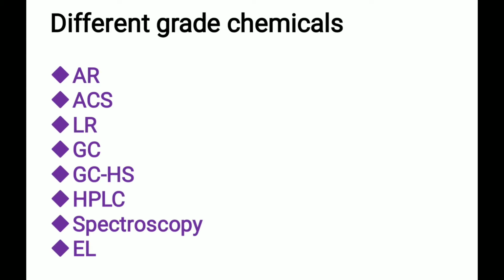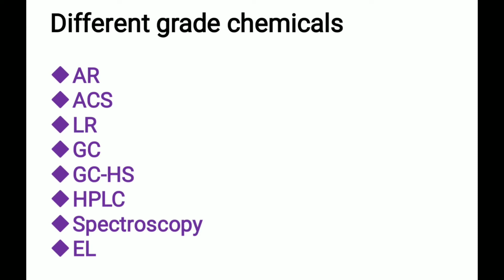Then HPLC, which is known as high performance liquid chromatography. As the name suggests, this kind of grade is specially suggested for HPLC analysis. HPLC is an analytical technique to separate a mixture of compounds, and after separation, the qualitative and quantitative detection is determined by the detector attached to the HPLC.